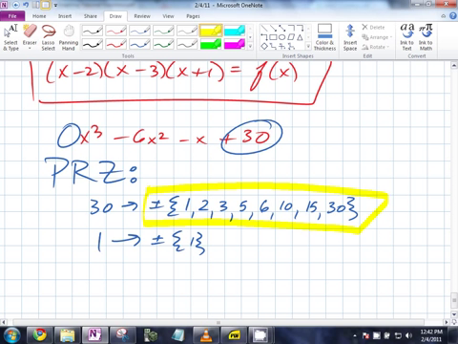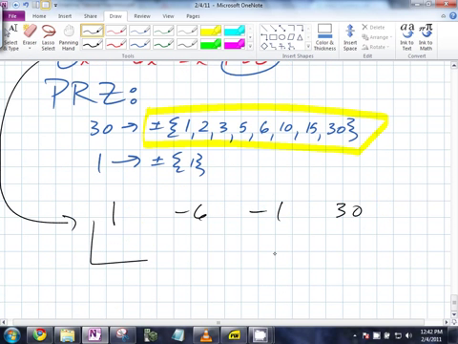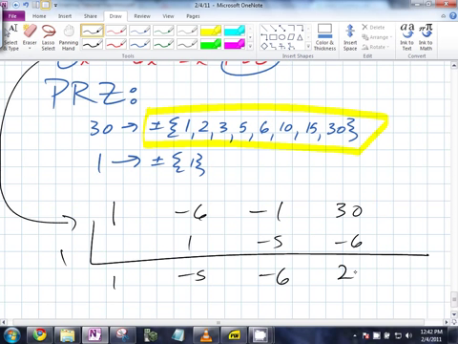The point is, once you find one, do you keep testing? Don't keep testing once you find one. Write the factored form, because once you take one thing out of a cubic, it becomes a quadratic. And are you comfortable with quadratics? You should be.